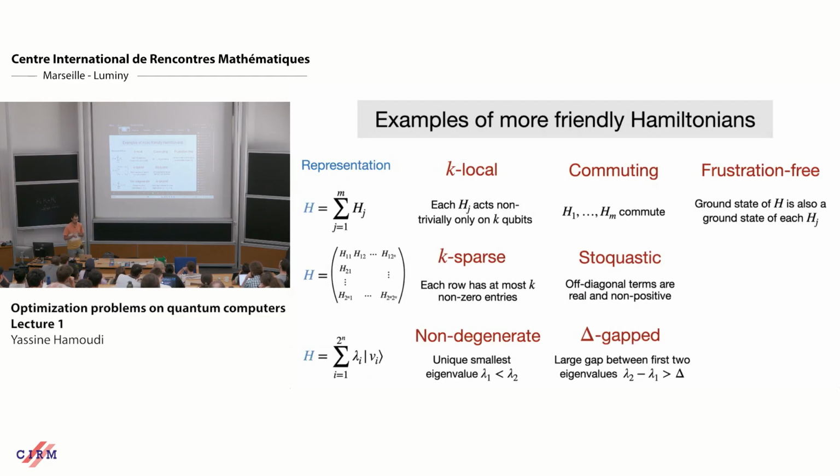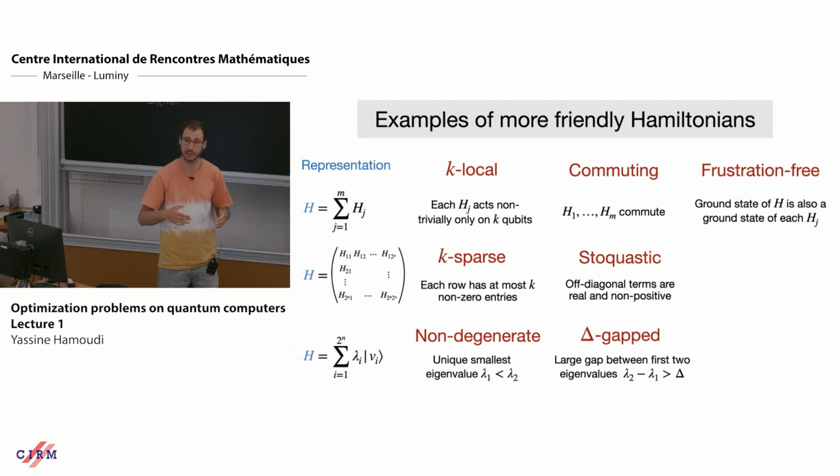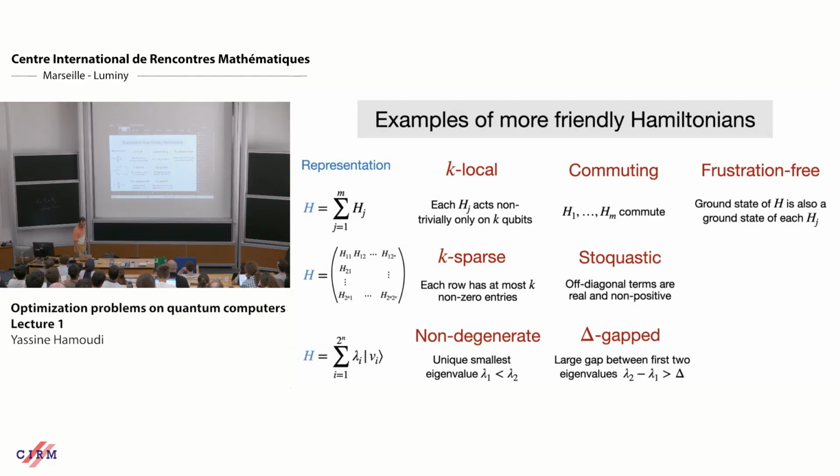Okay, so the point I want to make by describing all those assumptions is that optimization is often about making the right set of assumptions in order to give some non-trivial quantum algorithm. But on the other hand, if you make too many assumptions, then the problem could become classically easy as well. So this is an example.